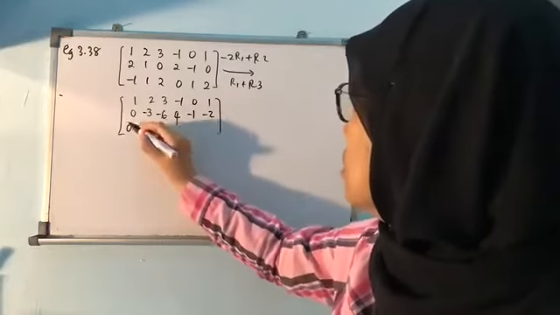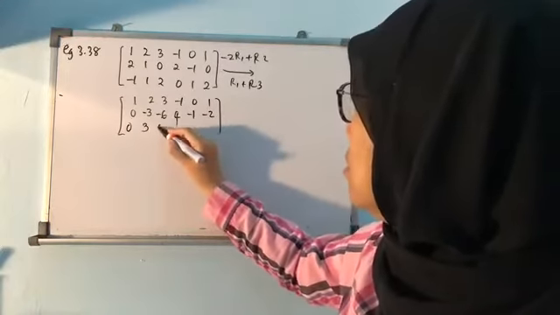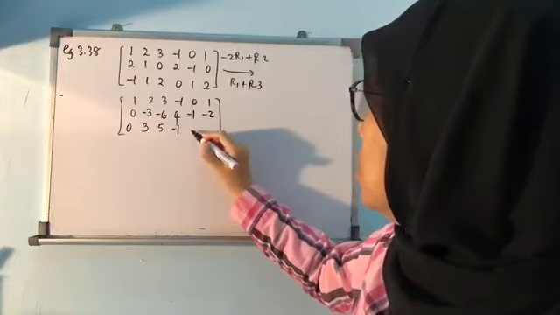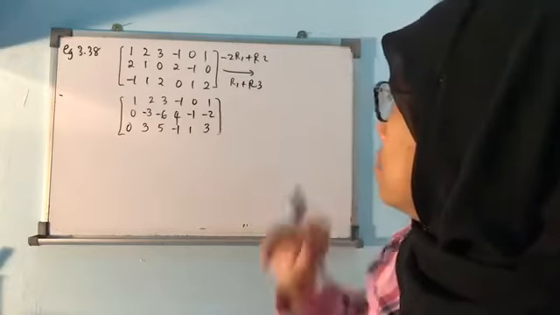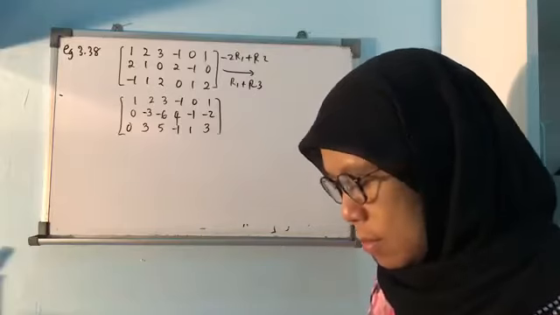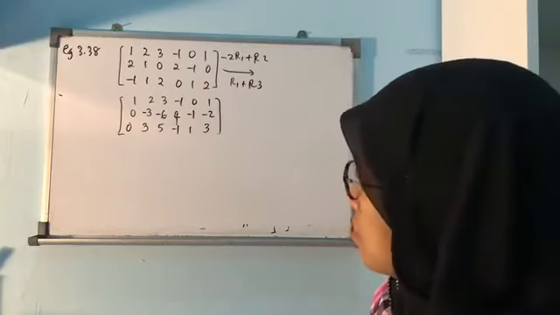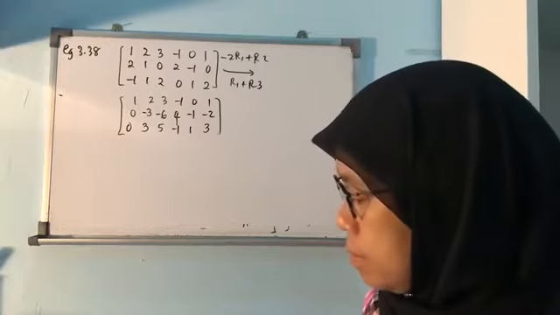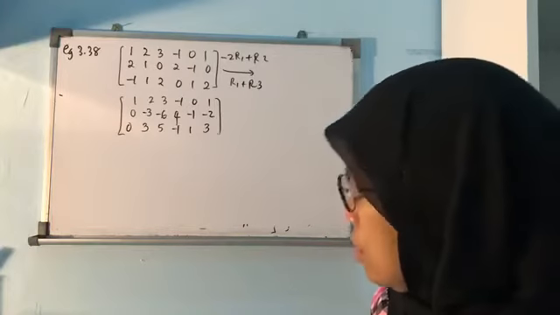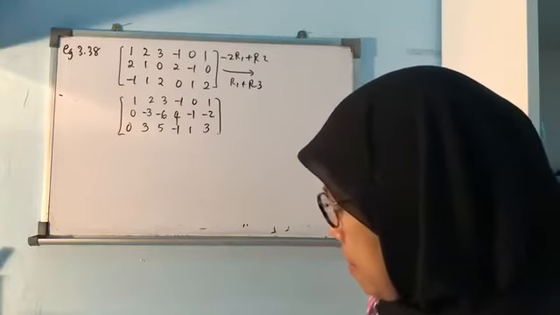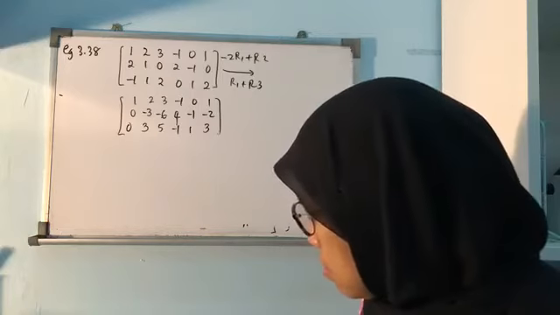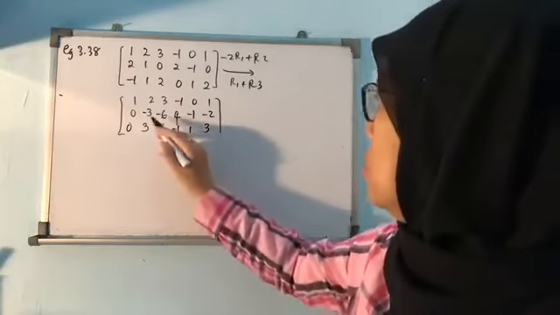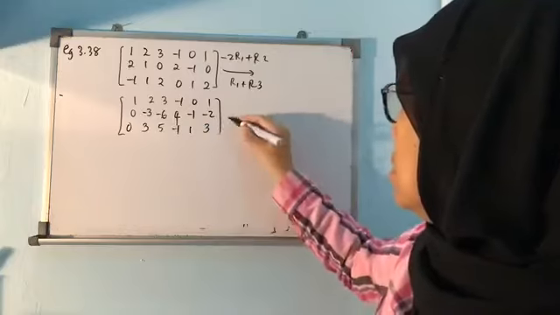Just add 0, 3, 5, negative 1, 1, 3. Okay, now just add this, right?